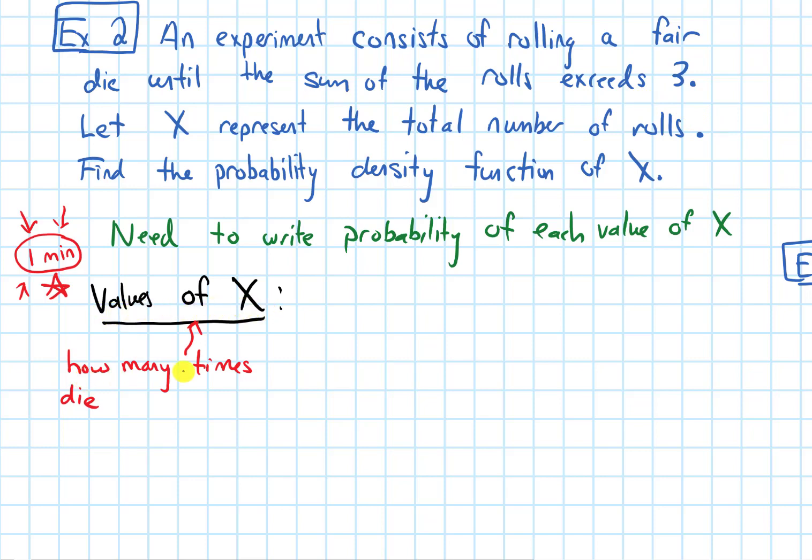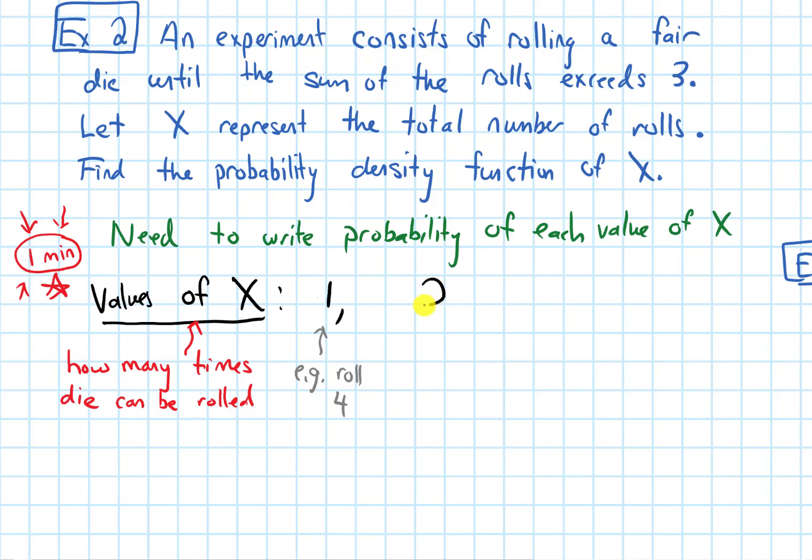What that's asking is, how many times the die can be rolled before the sum exceeds 3? Well, we could definitely roll it once. For example, if we roll a 4, that's already bigger than 3, and then I would stop rolling it because it's already bigger than 3.